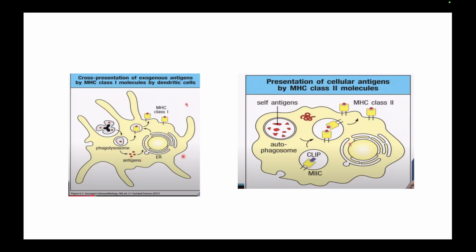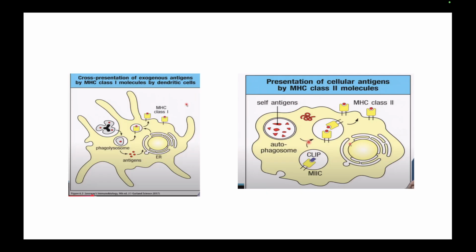So MHC1 presents the intracellular pathogen. This is one example of cross presentation. Here also internalization is happening. The phagolysosome degrades and makes the antigen, which is loaded on the MHC molecule and presented by MHC class 1. And this is the presentation of cellular antigen by MHC class 2 molecule. The autophagosome cleaves the self antigen.